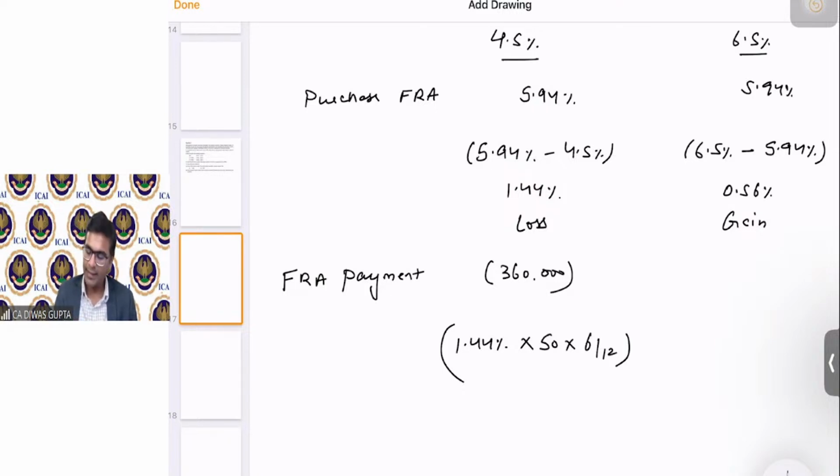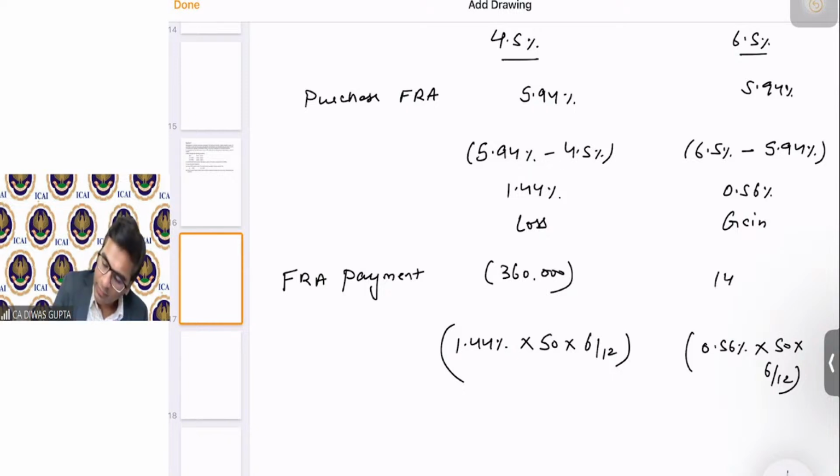Okay. Then the next part is 0.56 percentage, which is the gain on 50 million euro for 6 by 12. Yes, Prashant, you are right. 5.94 long position is what we have to take. So here the amount comes as 1,40,000.